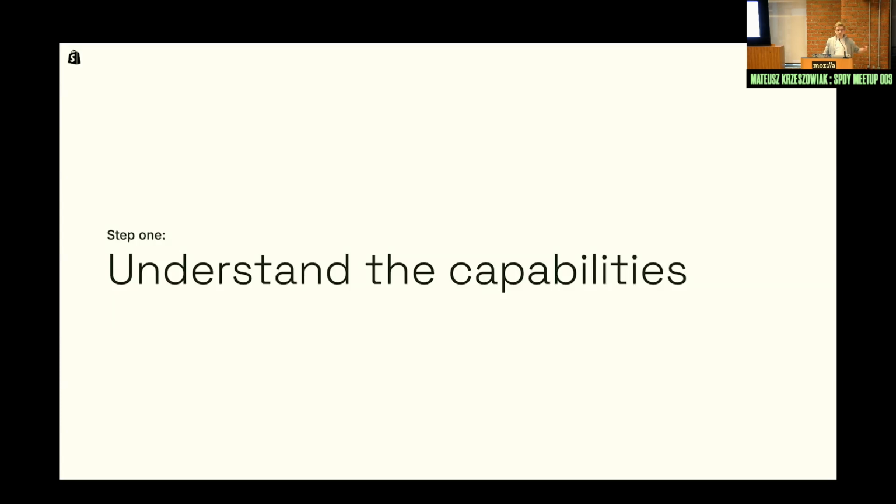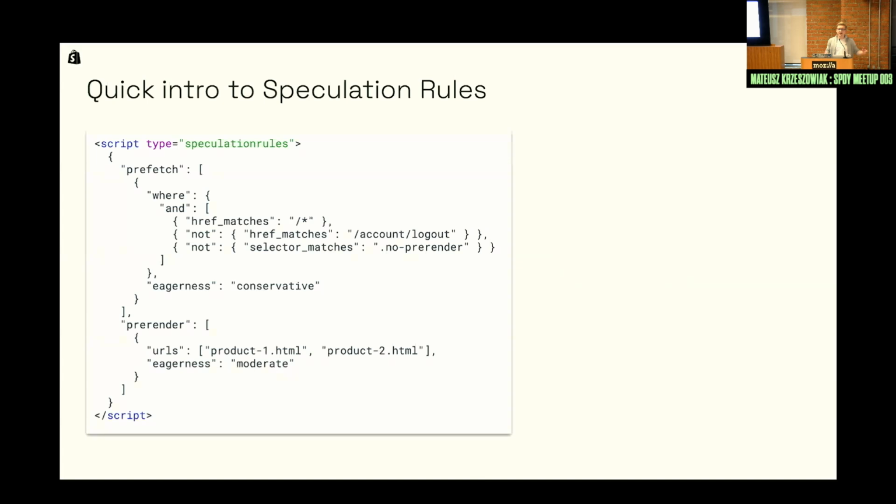So first of all, with speculation rules, I think it's super important to understand the capabilities, what they are, what they enable you to do. Basically, when we are talking about speculation rules, we are talking about a bunch of JSON. This is a configuration that you can provide to the browser either by this nice script tag with this type speculation rules or via a header that points to a JSON file that is not really a JSON, but it has its own MIME type.